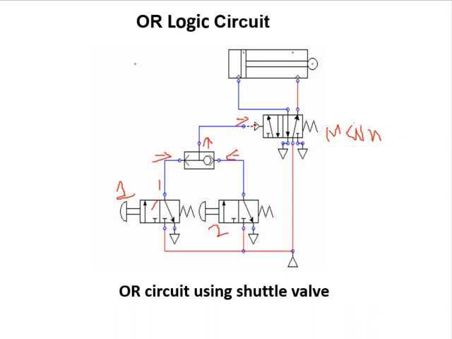As soon as it senses the pilot pressure, the DC valve will change its position to the first one and we get a forward stroke of the actuator.